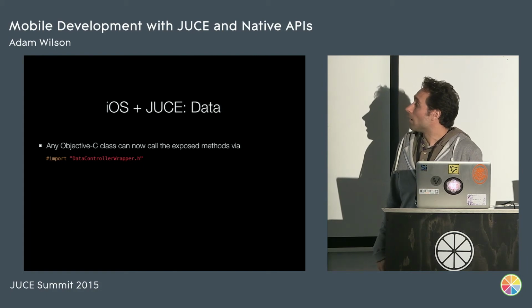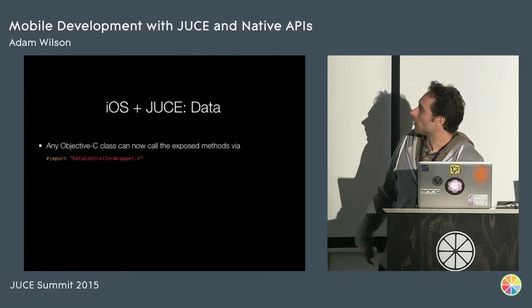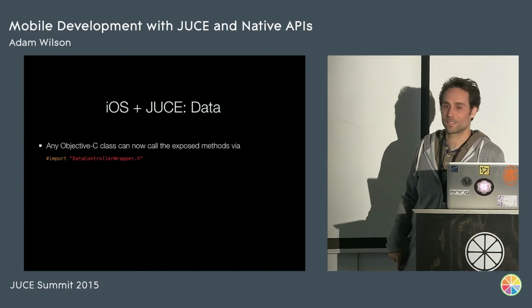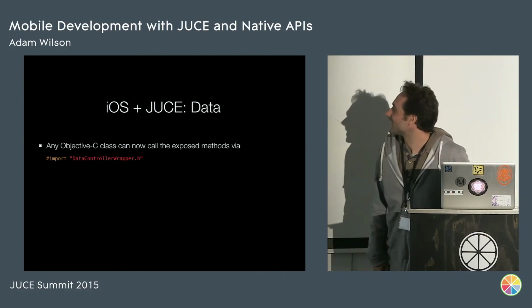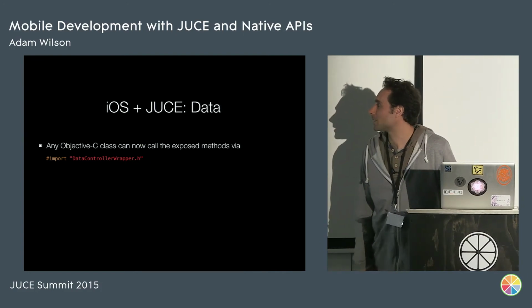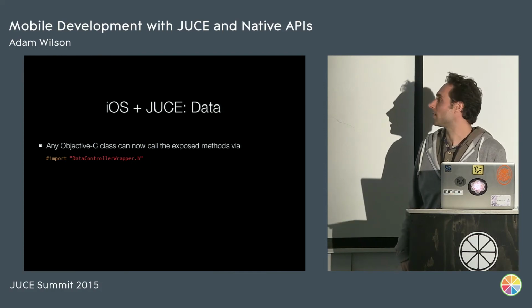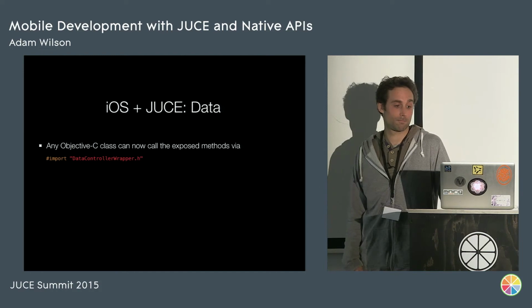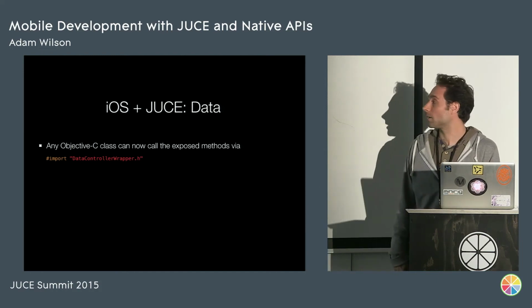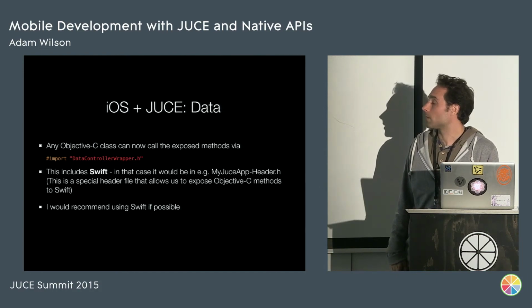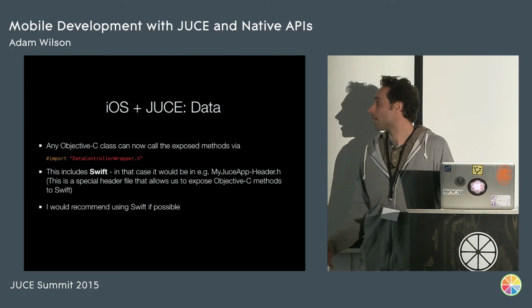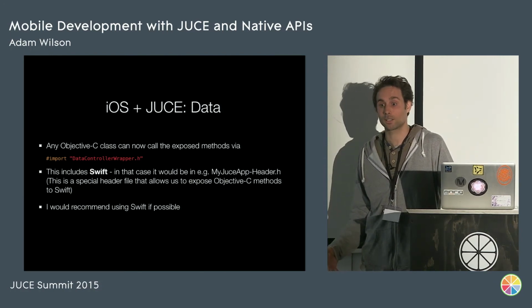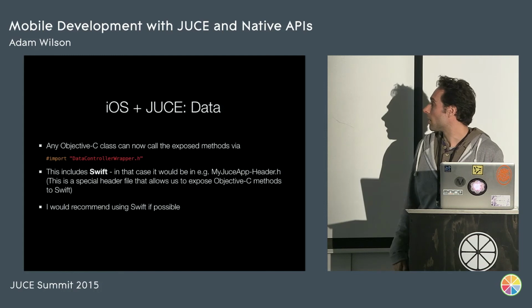I did call it data controller wrapper, it's now called wrapper. Got to change that. So now, just by importing our wrapper header, we can use JUCE classes in our Objective-C code. This also includes Swift, which I've really enjoyed using, actually. It's a really nice language.